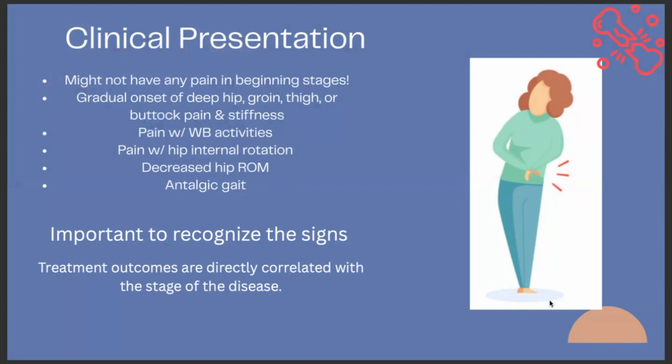It basically starts as a gradual onset of deep hip, groin, thigh, or buttocks pain and stiffness. They'll experience pain with weight bearing, pain with hip internal rotation, decreased hip range of motion, and antalgic gait. Like I said before, they might not have any pain in the beginning stages, so it's important to recognize the signs because treatment outcomes are directly correlated with the stage of this disease.